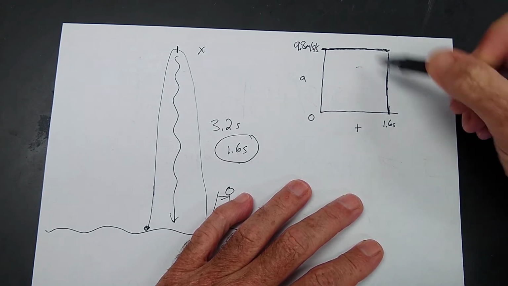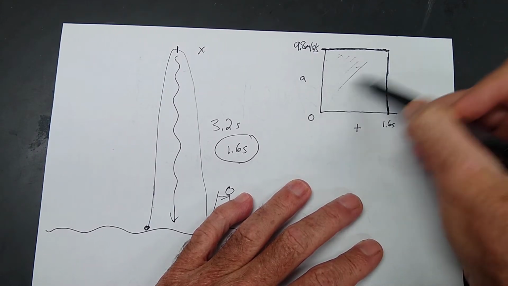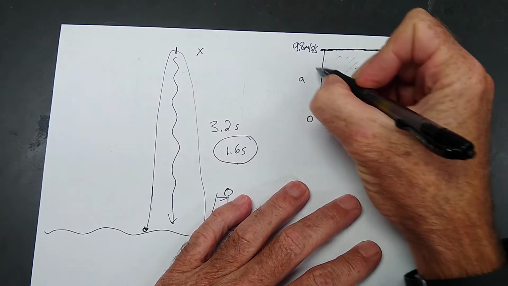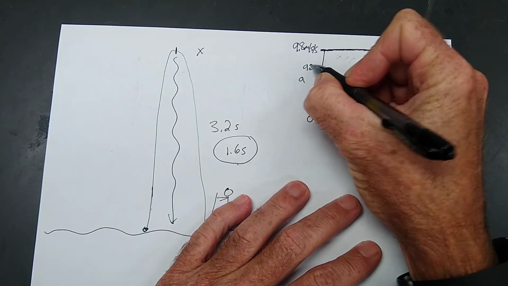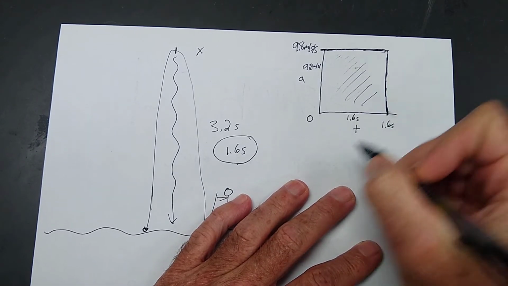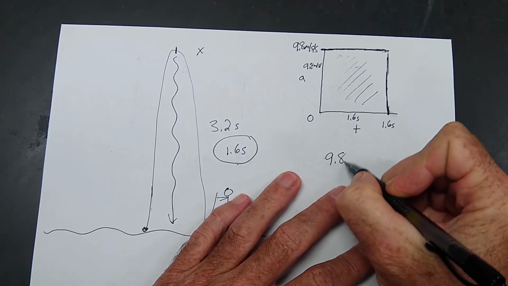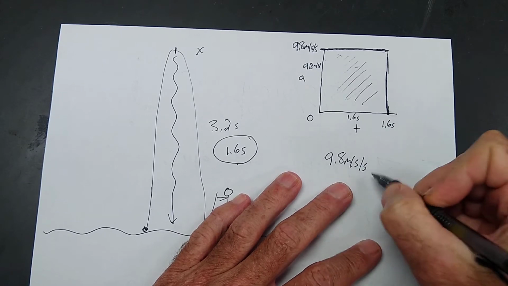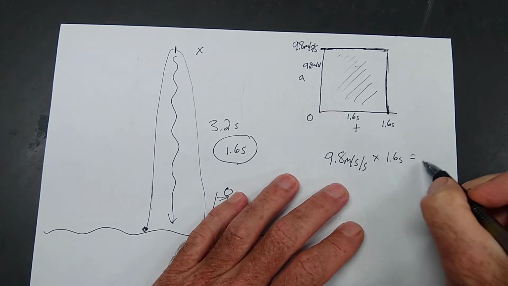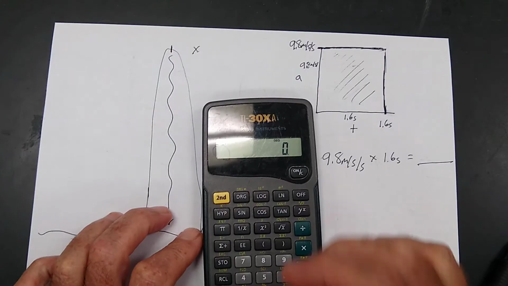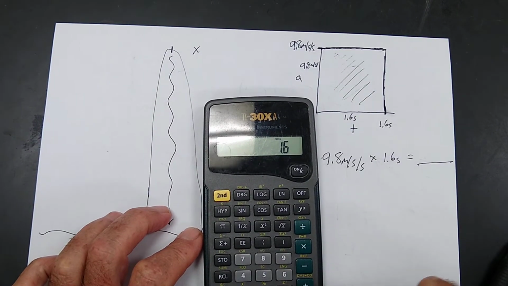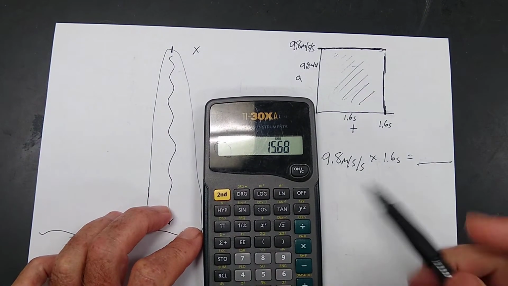So we can look and calculate the area under the line. Well, that's a square. Didn't we just make a square? We can say the height of the square, 9.8 meters per second squared, times the base of the square, 1.6 seconds. That's going to give us a number. That number will be 9.8 times 1.6, which is 15.68.